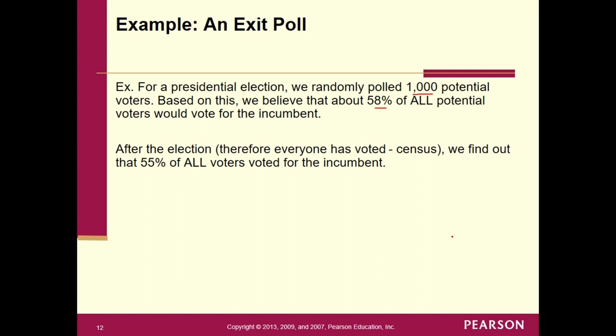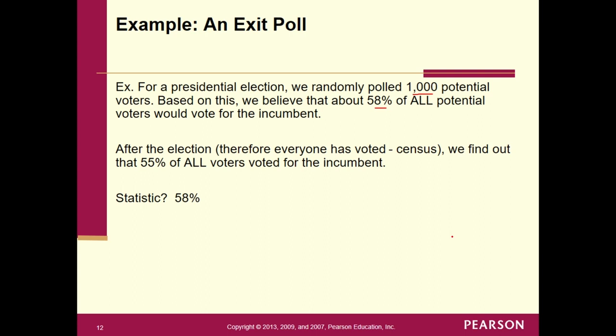But then after the election, we find out that 55% of all voters actually voted for the incumbent. So I want you to think about this. The statistic here is the 58%. That's the thing that came from the sample. Can you think of what the parameter is?